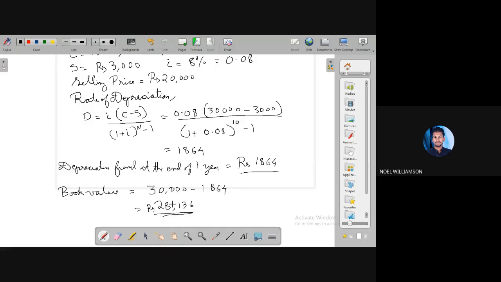The book value of the product is 28,136. But in the question it is given, the product is sold for 20,000. But the book value is 28,136. Book value is high.